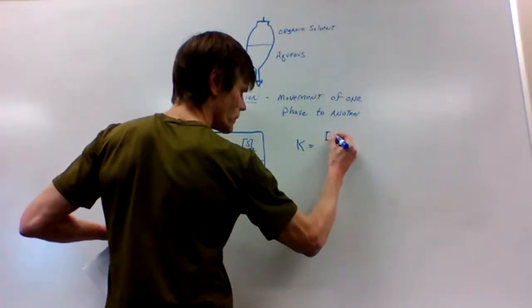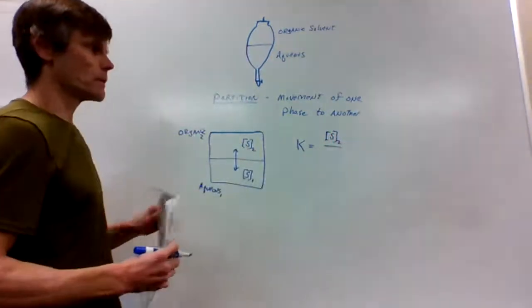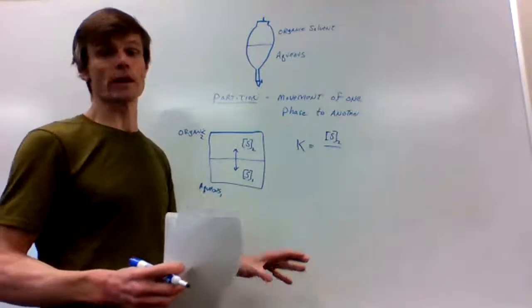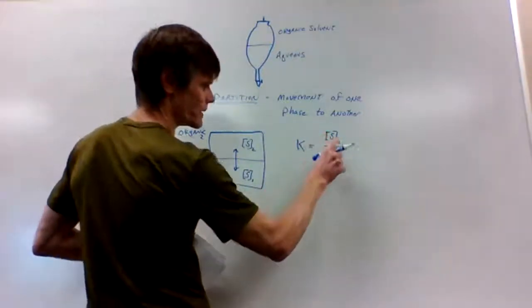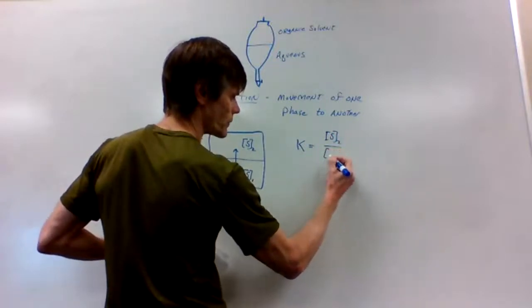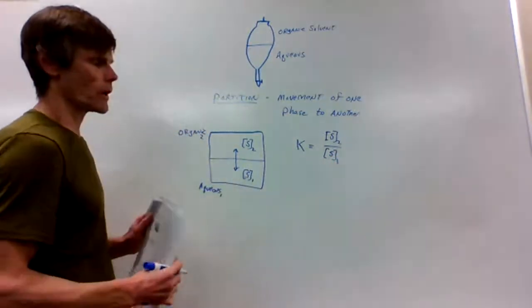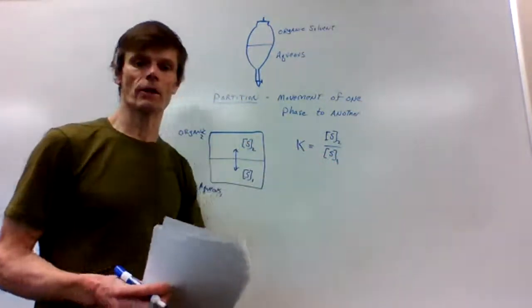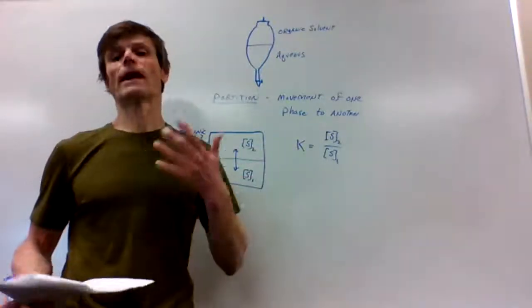So this is going to be the ratio of the concentration of our analyte, S, between these two phases. This is the concentration of S in the organic phase versus the concentration of S in the aqueous phase. And this equilibrium constant has a name to it.